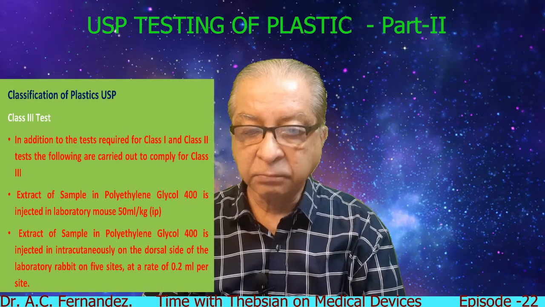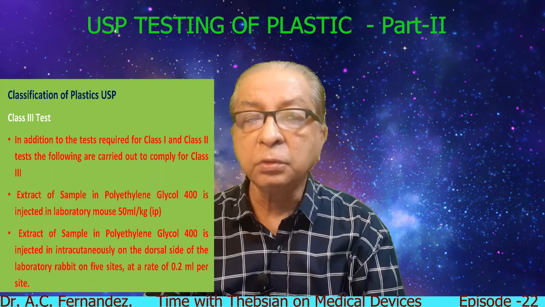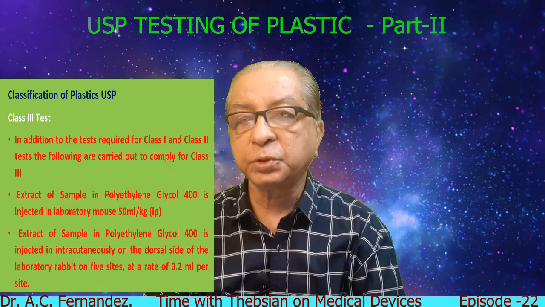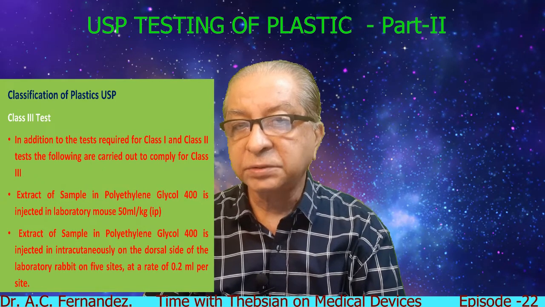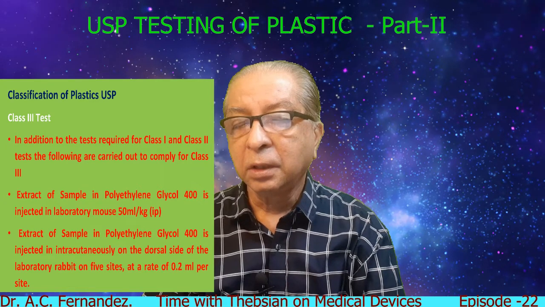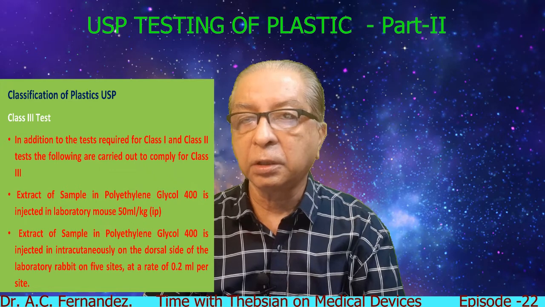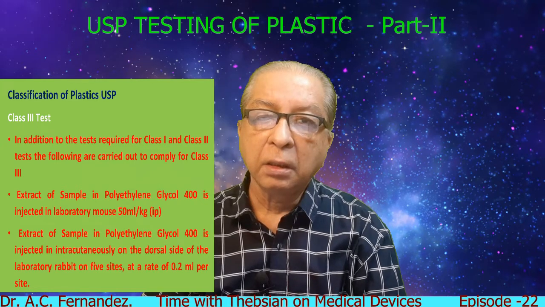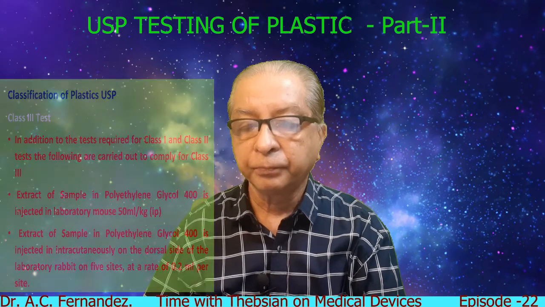For class 3, in addition to the tests required for class 1 and class 2, another extract also is made using polyethylene glycol 400, and the mice are injected at a rate of 50 ml per kg intraperitoneally, not intravenously. Rabbits, 0.2 ml is injected intracutaneously.